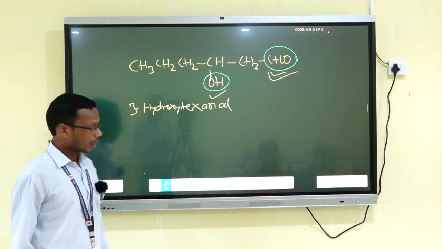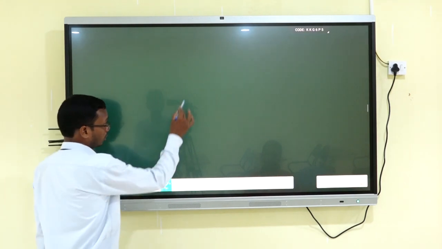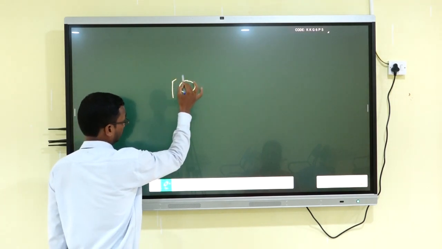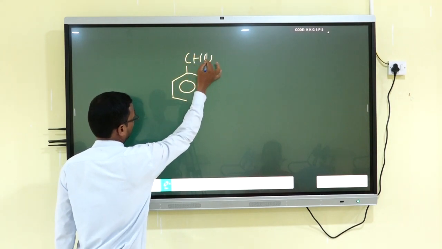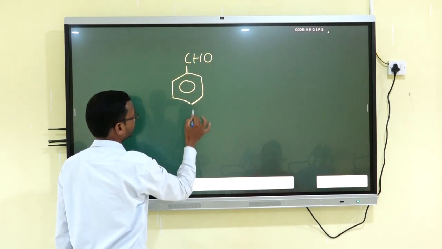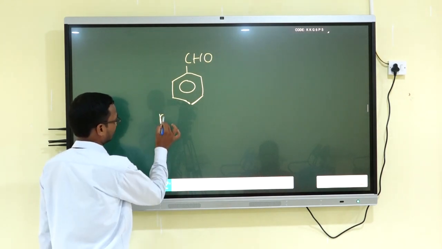Okay. Now for an aromatic compound, suppose like this, CHO. This is simple benzaldehyde.